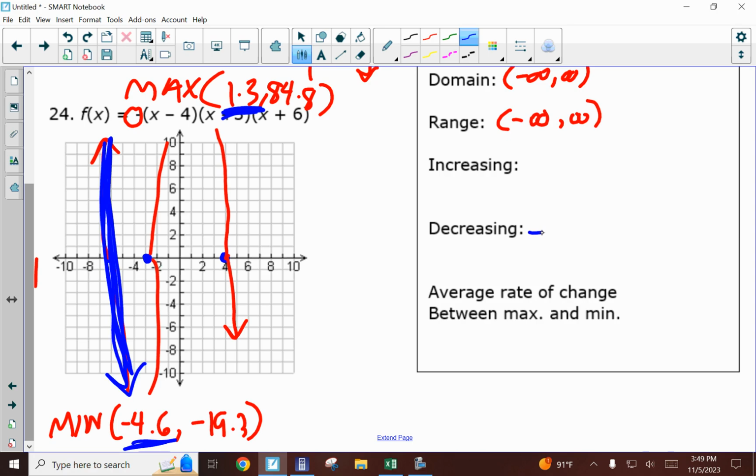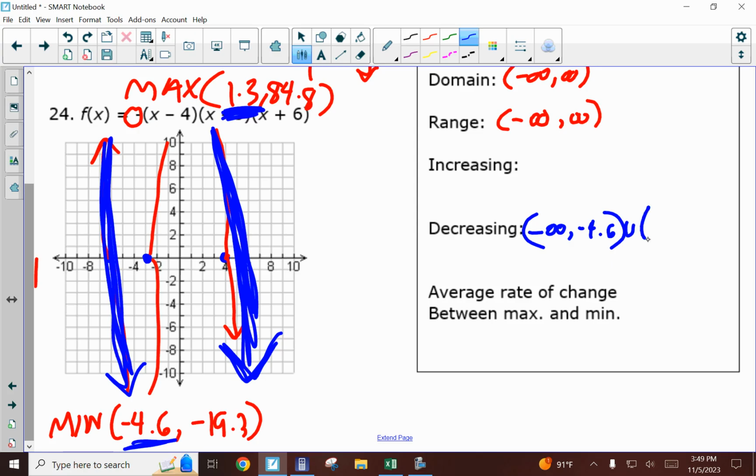So it's going to be decreasing from negative infinity to negative 4.6. And then the other decreasing is going to be coming from right here, and it's going to be going down like this forever. And that's going to start from 1.3. So I'll put union 1.3 to infinity. And the reason why that's positive infinity is because we're doing it off the x-axis. So this is why it's negative infinity over here and positive infinity on the right.